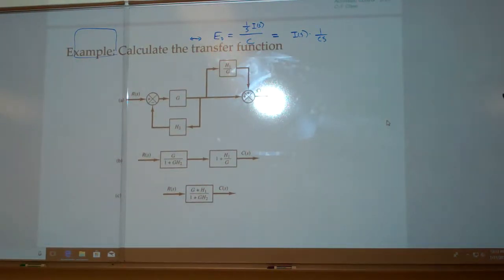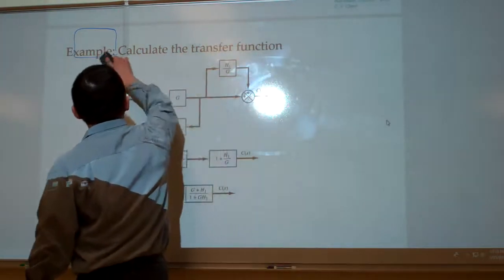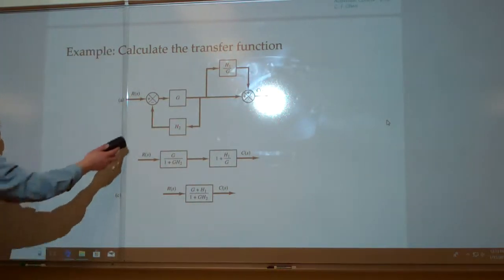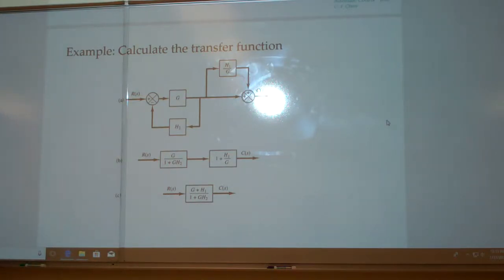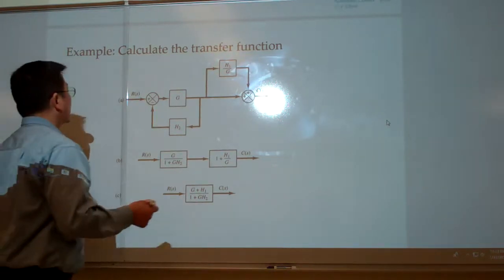Now for this system, we can do an exercise. This is our original system, and we want to derive the transfer function of this system. Let's see how we can do it.